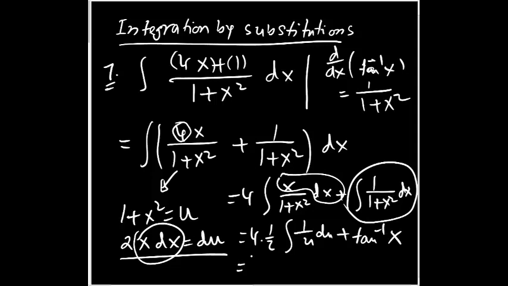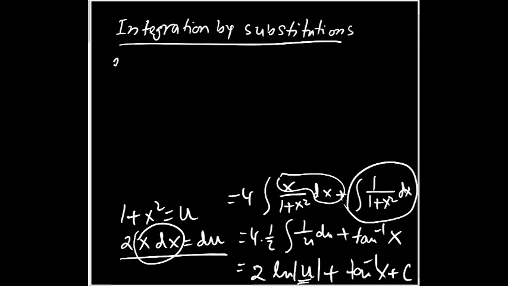And what happens here? This is 2. 1 over u will give you now natural log of u plus tan inverse x plus integral constant. Now this u you need to substitute back with what we have taken, 1 plus x squared.